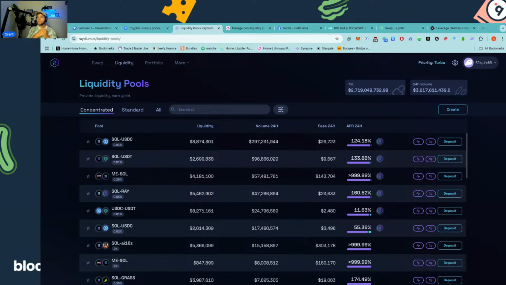The more people that come into the pool, it might encourage larger trades to go through because the liquidity is there and the slippage won't be as high. But you've got to be a bit greedy. This is why a lot of yield opportunities, no one likes to talk about them. If they find a good one, they want to keep it to themselves because the more diluted it gets, the worse the yield is. So that's kind of how that works.